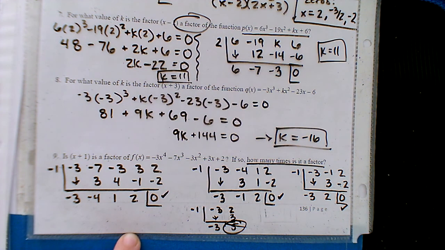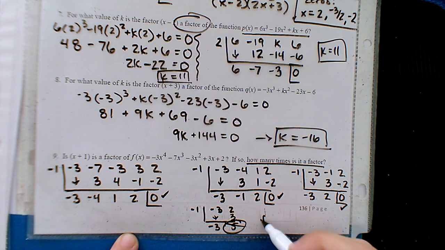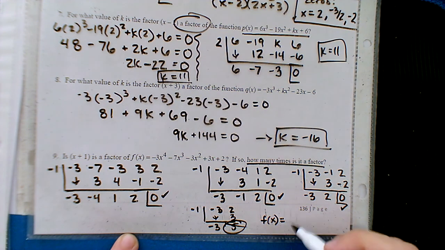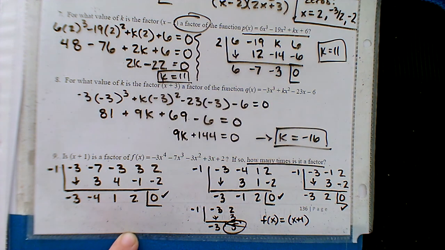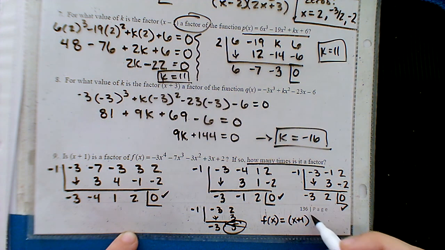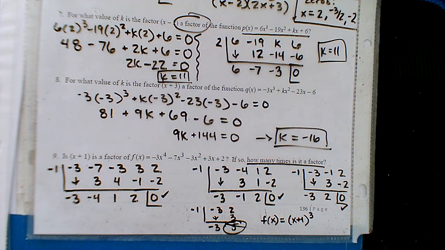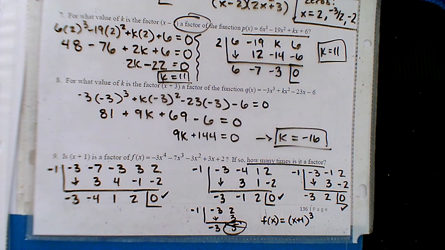Okay, so let's see how we could write this polynomial. So f of x, if we were to write out the factors, we know that x plus 1 is a factor, but specifically 3 times. So how can we denote that? Cubed. You'd have x plus 1 times x plus 1 times x plus 1, because you have 3 of them.